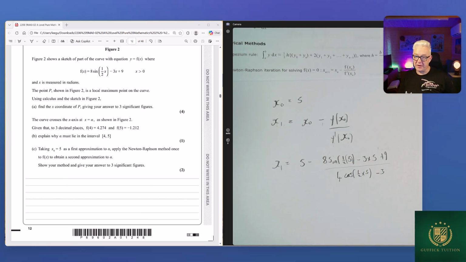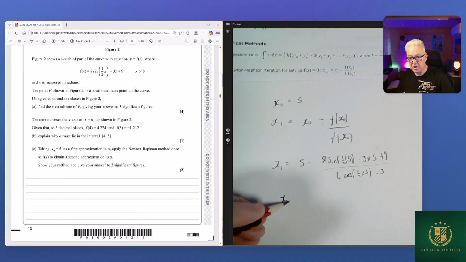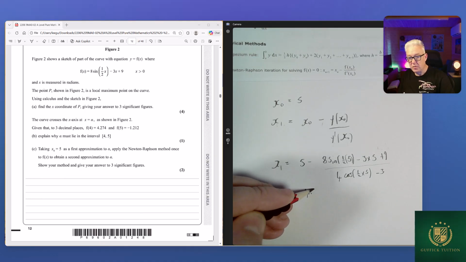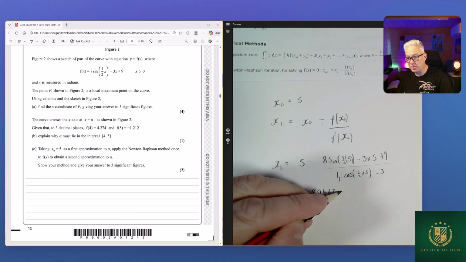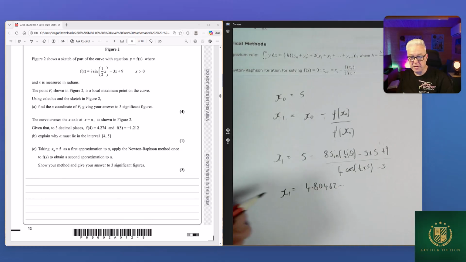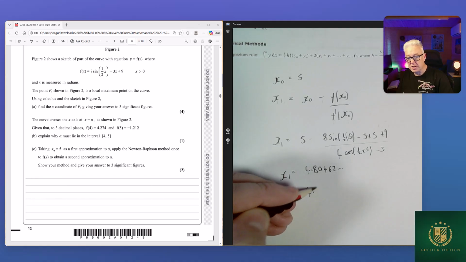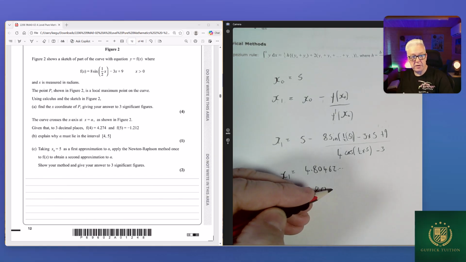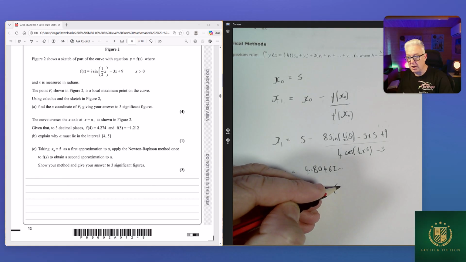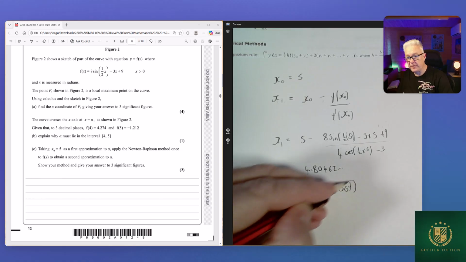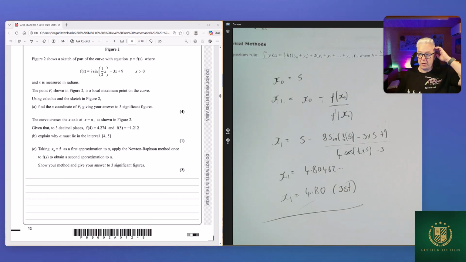So that's our f dashed of x. So we sub that in, and then we literally put that into our calculator, which gives us 4.80462... and we want it to 3 significant figures. So our second approximation is going to be 4.80, correct to 3 significant figures. And that's our answer to that one.